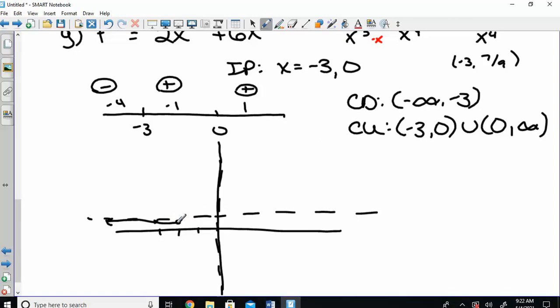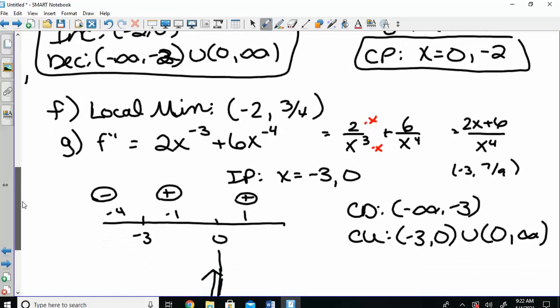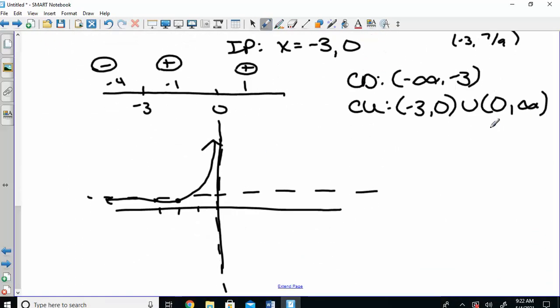After this point we start increasing and we're still concave up, so you're crossing your horizontal asymptote, it looks like that. After 0 we are decreasing again and concave up, so decreasing but curved upward. Looks like that. So not a very pretty one, but it works.